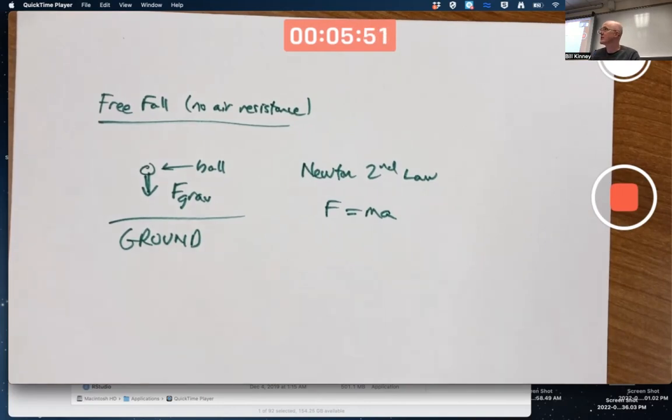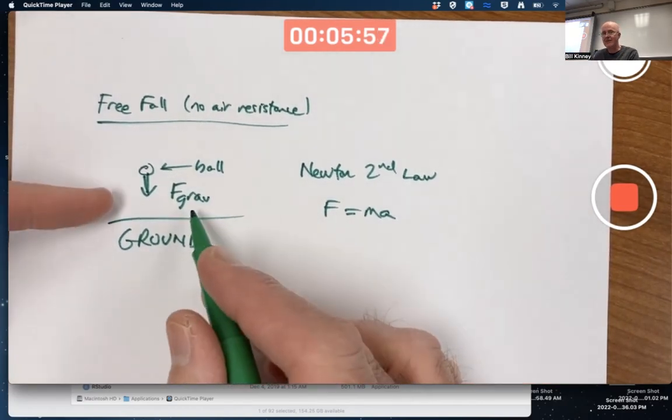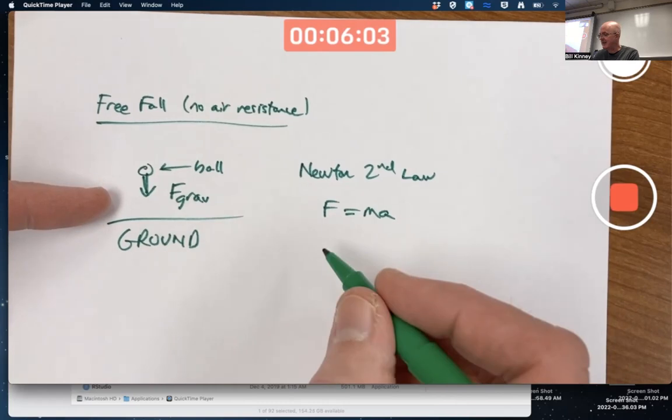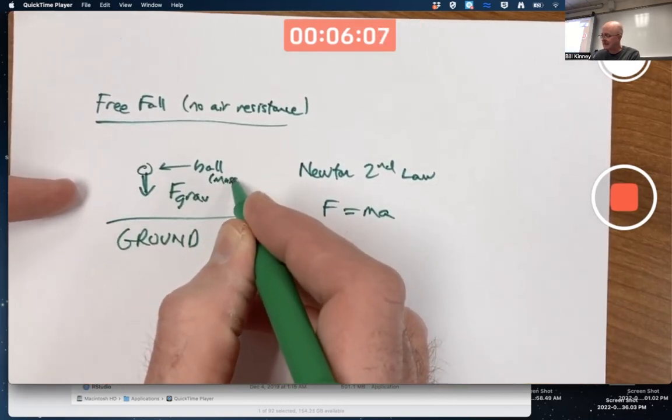This is actually a differential equation in disguise. You have to know what the total force is. It is this force due to gravity. But what is that? Well, it's proportional. It's a constant, and it's proportional to the mass itself. The ball has mass m.